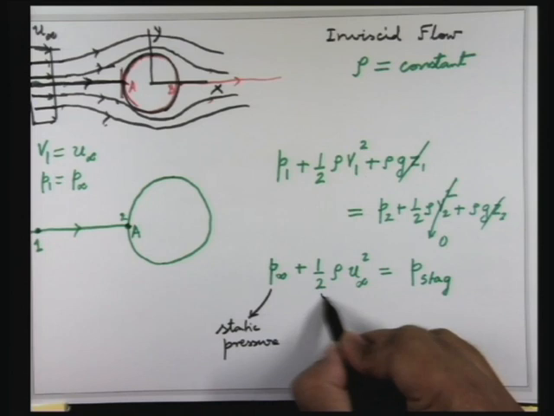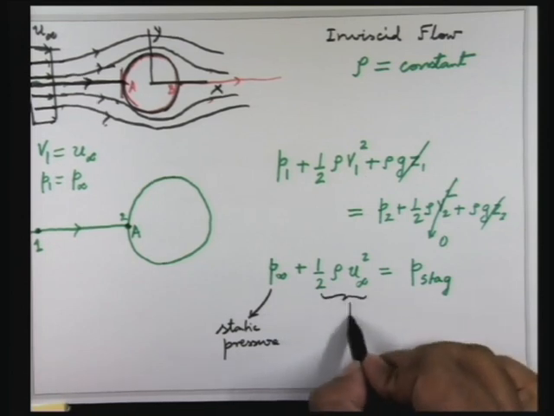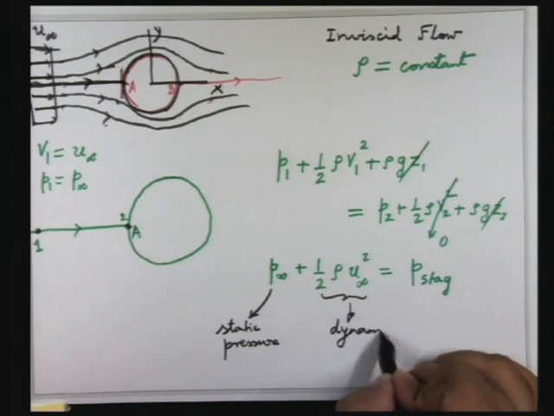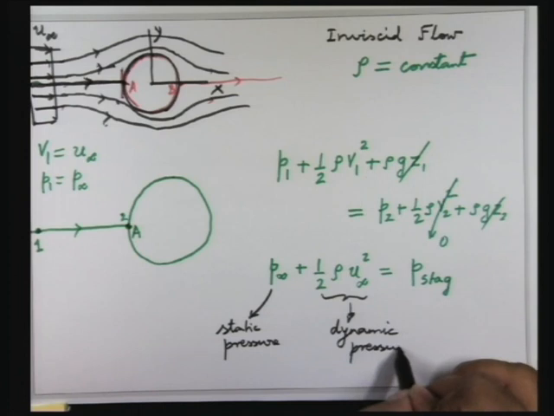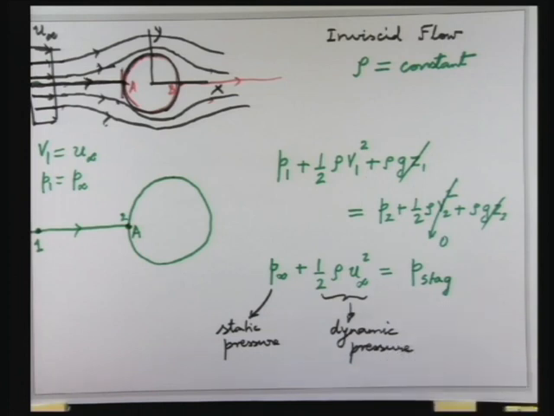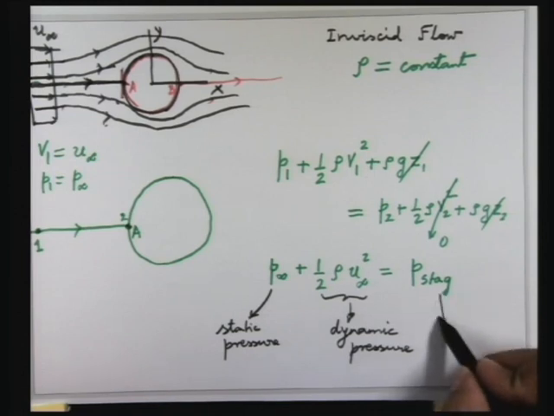And this half rho u infinity squared is called dynamic pressure. So the sum of the static pressure and the dynamic pressure is what you call stagnation pressure.